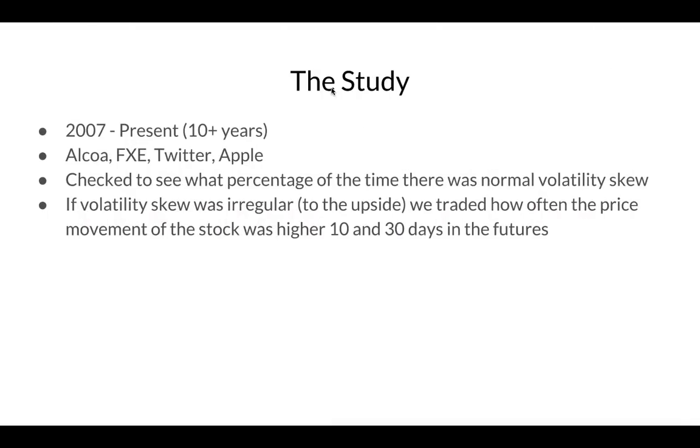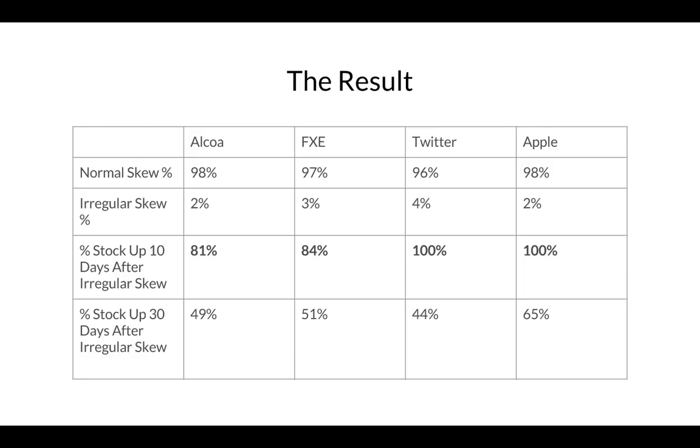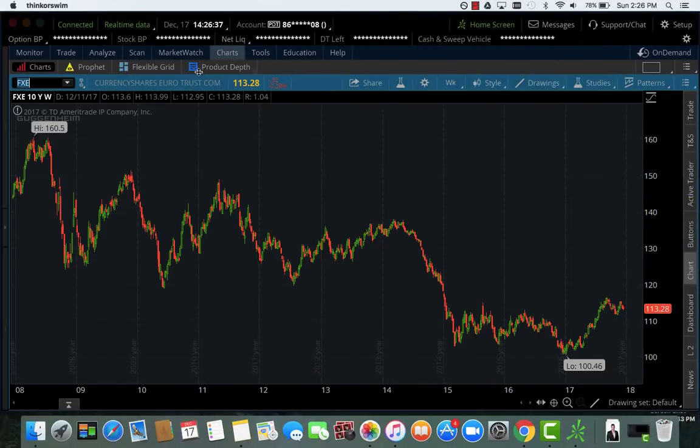So again, we wanted to see how often skew was reversed, number one, and then what the stock looked like 10 and 30 days into the future after that reverse skew. So what you could see first off the bat is normal skew, where puts the same distance away from calls are higher priced. And again, let's show you that again in DIA.